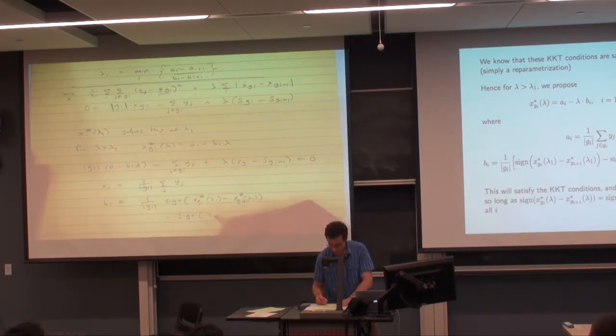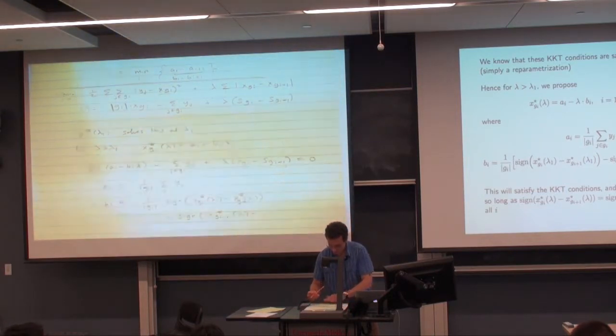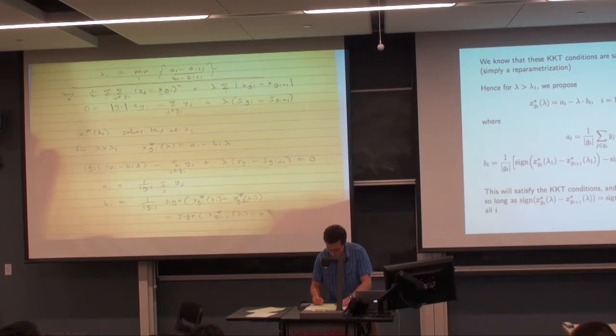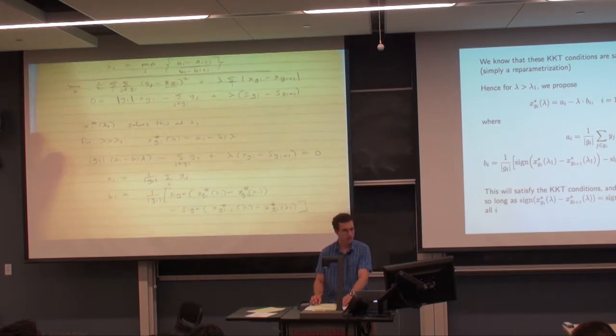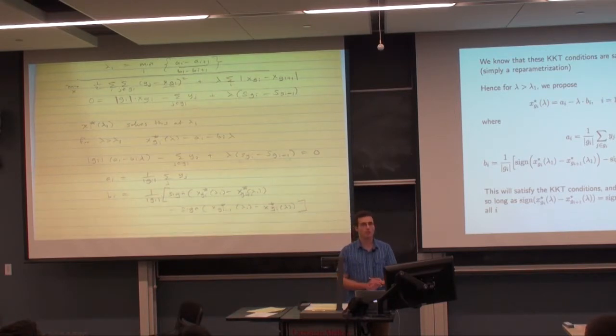And now the same thing, but just one coordinate earlier. So as long as I can take this subgradient equal to this sign and this subgradient equal to that sign, I've made the KKT conditions equal to 0.